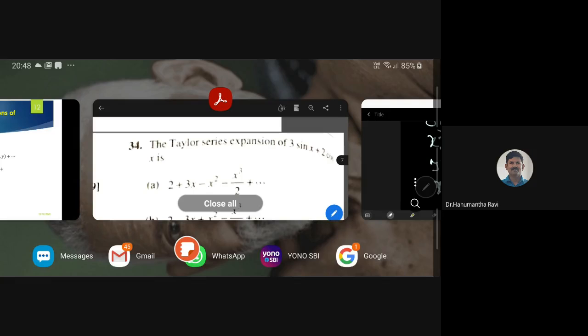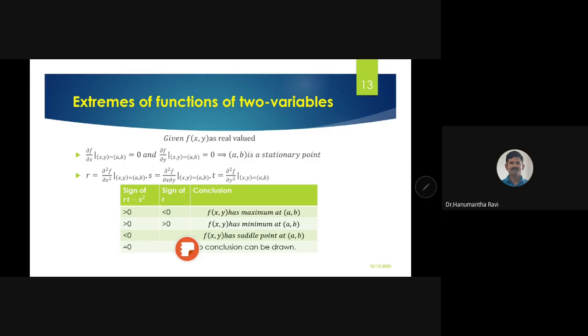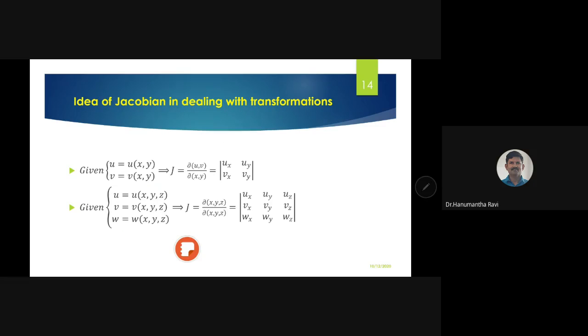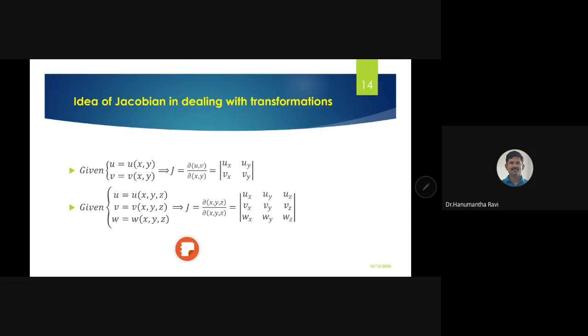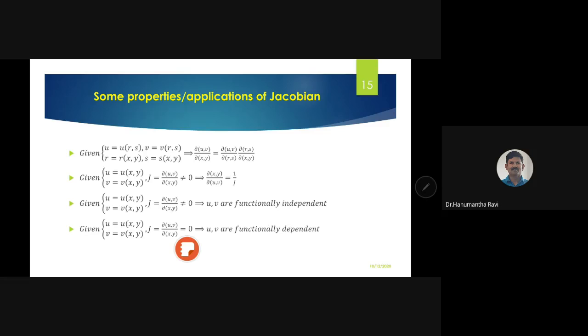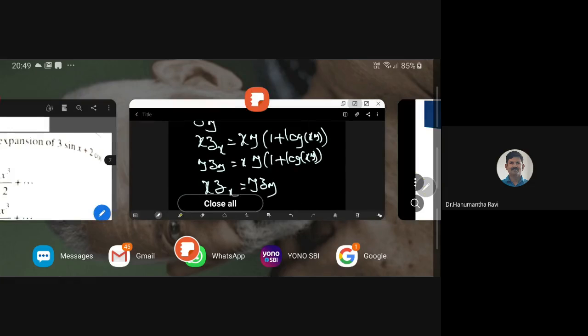See here, there are two more topics on differential calculus: extreme values of functions of more than one variable, the idea of Jacobian and dealing with transformations, and some properties and applications of Jacobian. If we complete these two topics, then we can enter into the integral calculus and the related ideas. So we just look at a couple of typical problems on computations.